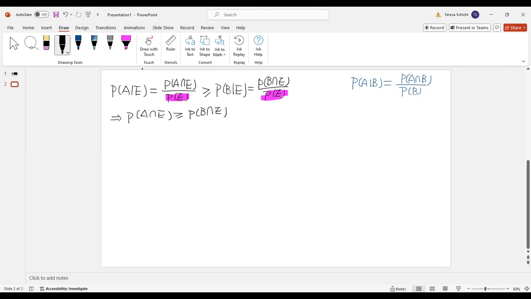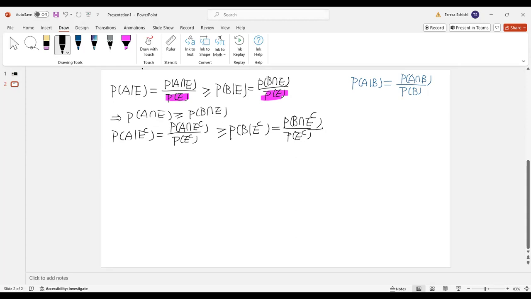The same argument can be used for E complement. The probability of A given E complement is P(A intersect E complement) over P(E complement). The problem tells us this is greater than the probability of B given E complement, which is P(B intersect E complement) over P(E complement).